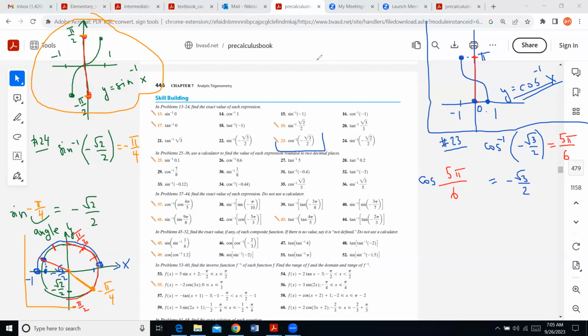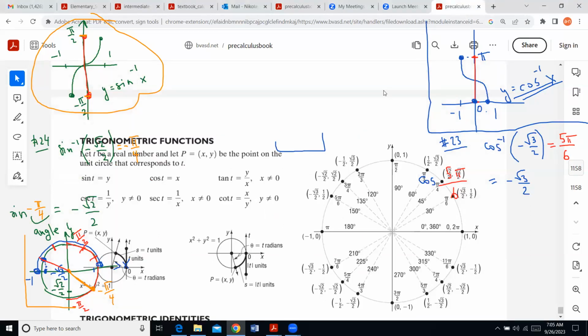So I guess that's the use of this circle. And again, you can always support this by going to the actual picture on the back of your textbook. And once again, here's your 5 pi over 6, and here's your cosine, or its x coordinate.